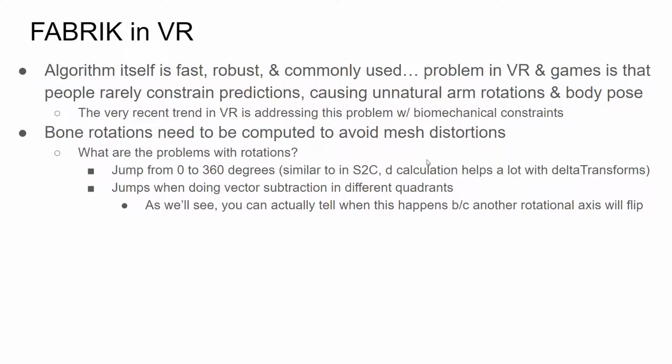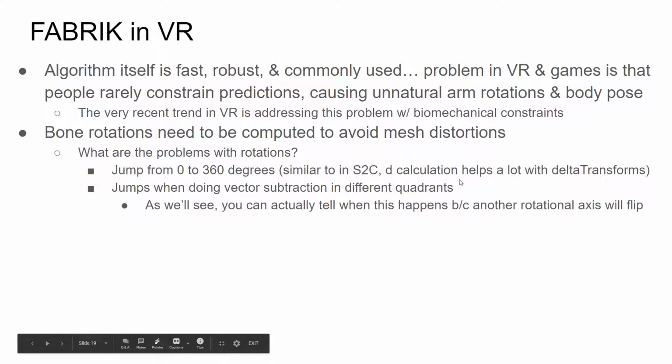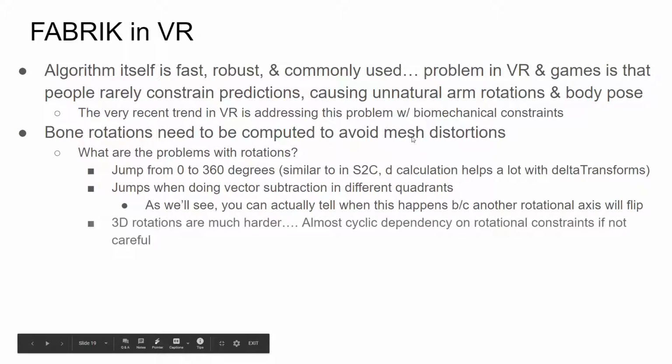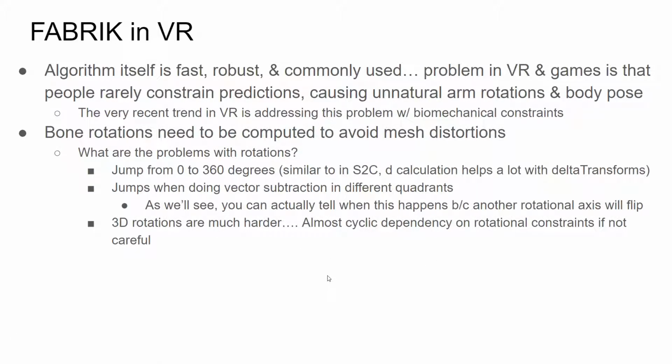For example, at least in Unreal, when pitch passes this threshold, or when it has a sudden jump like this, yaw will go from 0 to negative 180 all of a sudden, or 0 to positive 180. So you can use a sudden change of another axis to figure out if this one is continuous, and you can adjust based on that and force it to be a continuous rotation.